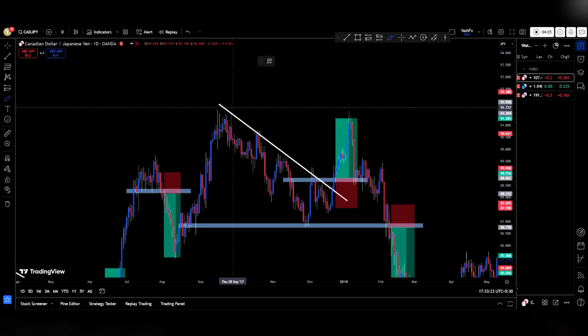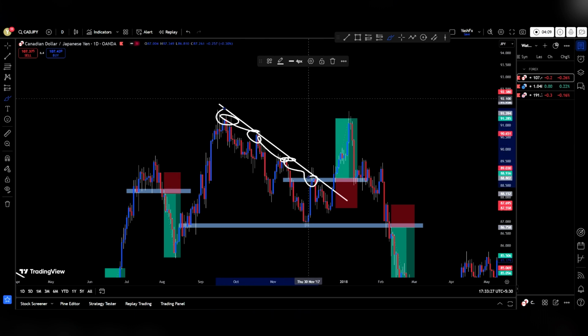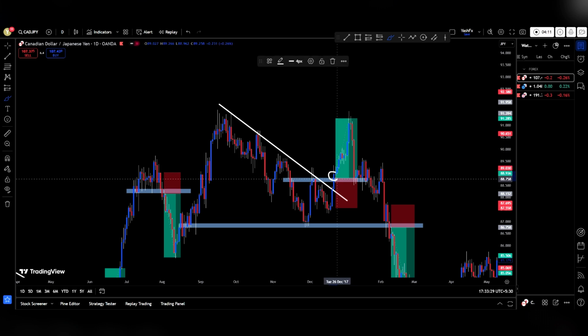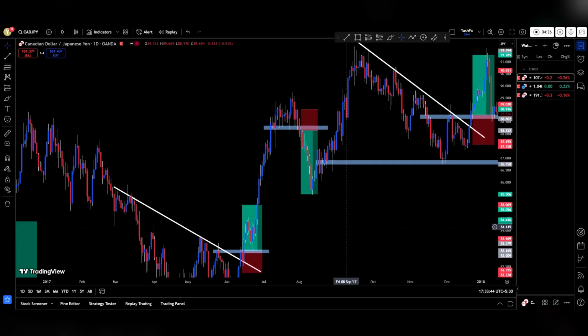Next trade, we can see the market was in a downtrend followed by this trend line, and once this trend line gets broken out here and this small resistance area, also the highs of this downtrend get broken here, I would enter this trade, and this would be a 1:2 trade.